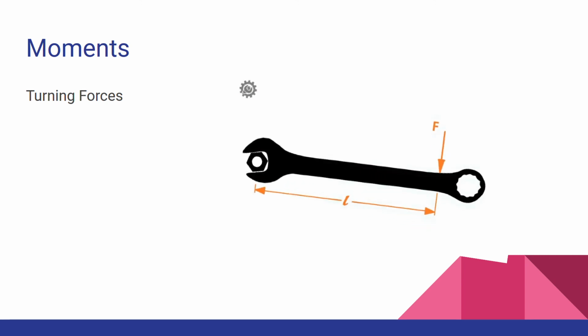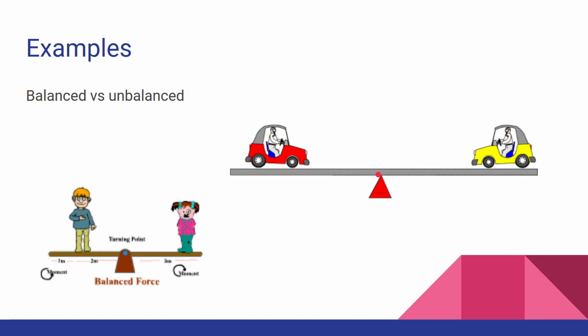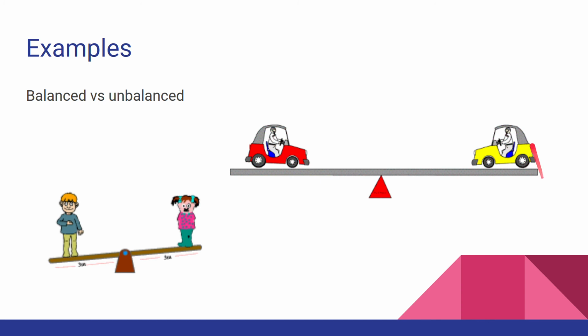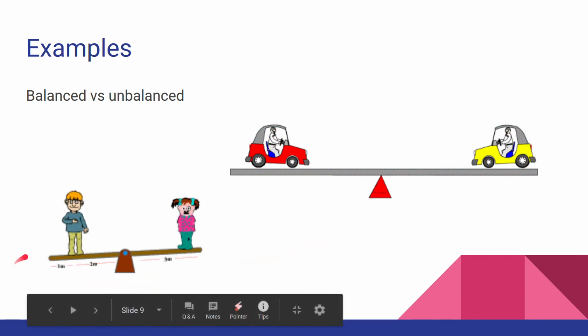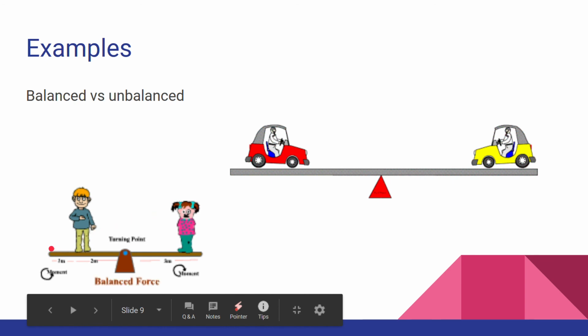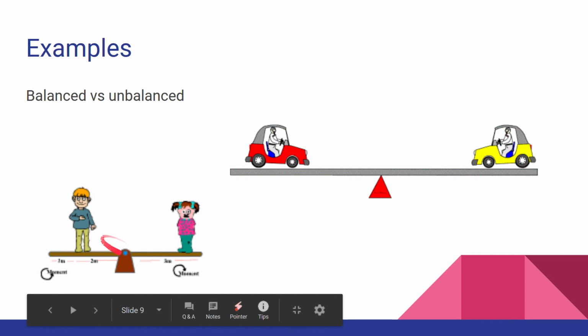You can also look at moments with a seesaw. If you have the fulcrum here, the further away you are, the less force you need to apply. That's why the girl is probably lighter and he is probably heavier. Because she's further away, he moves inwards so that the forces are balanced.